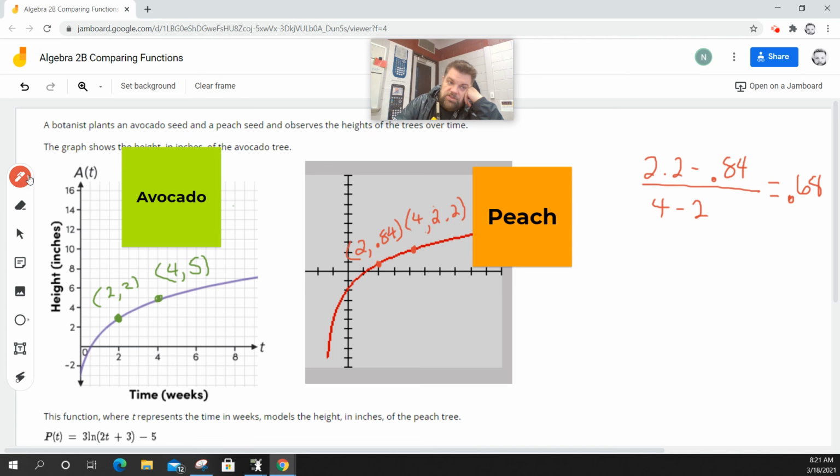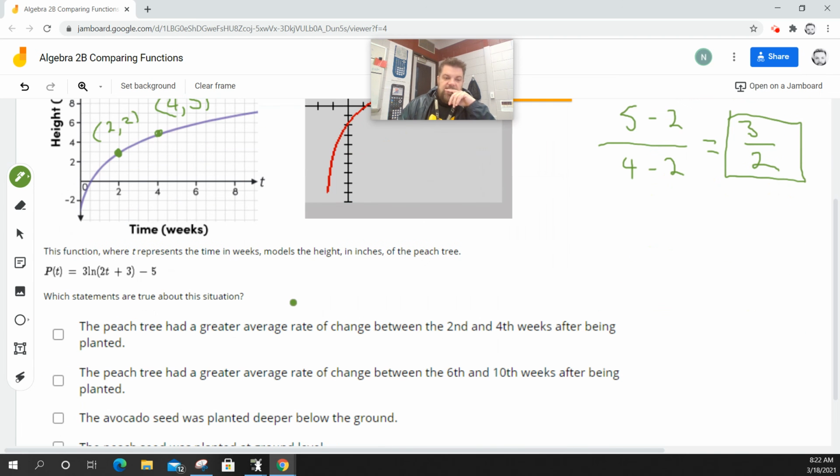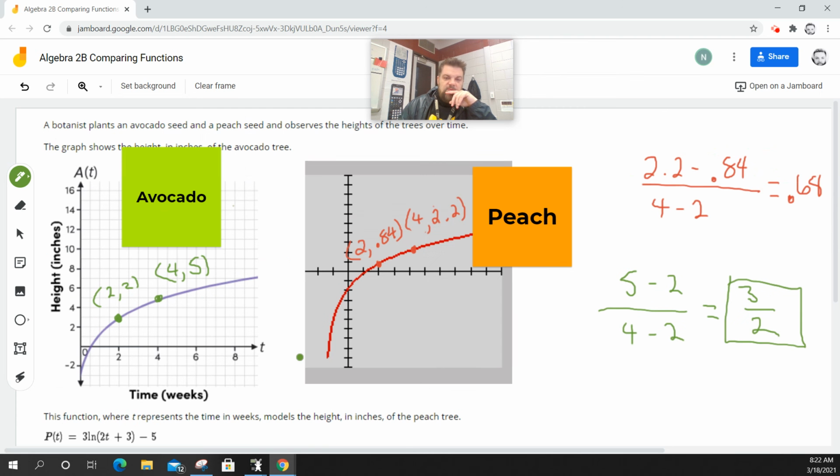Okay. Now if I do the avocado one, I'm going to say 5 minus 2 all over 4 minus 2, and that gives me 3 over 2. So that is not true. Okay. It says the peach tree had a greater average between 6 and 10 weeks.